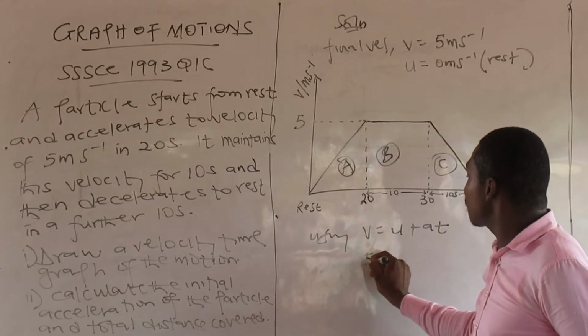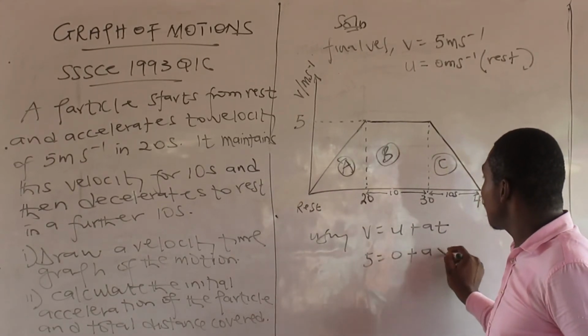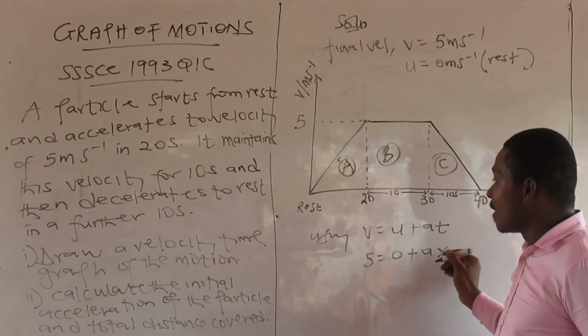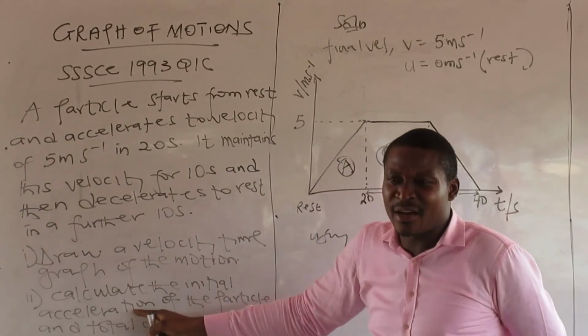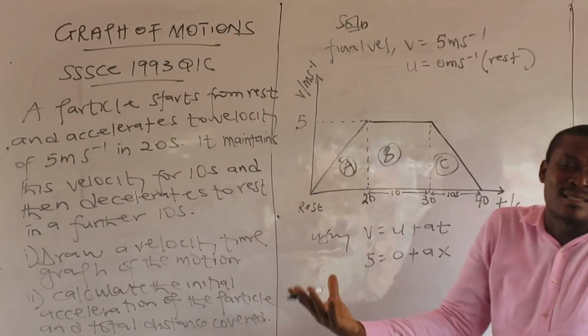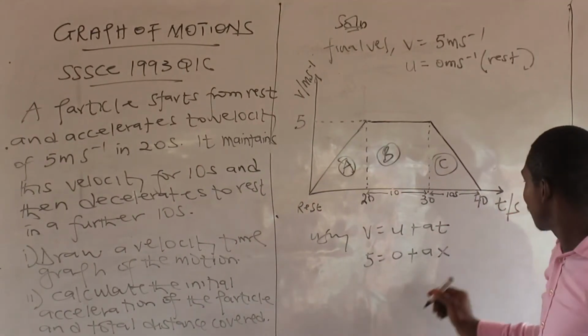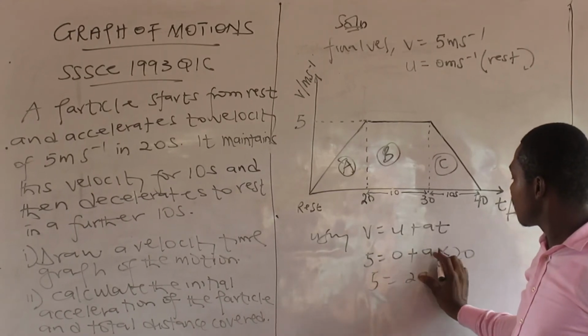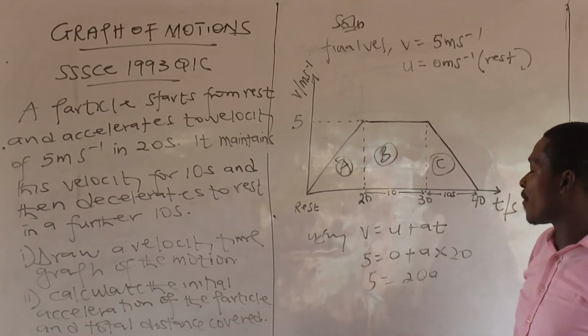So this is 5 equals 0 plus a times t. The first time it took was 20 seconds, right? You were asked to calculate the initial acceleration, so initial acceleration goes with the initial time. Are you okay? Good. That is 20. 5 equals 20a. That is 20 times acceleration, right?